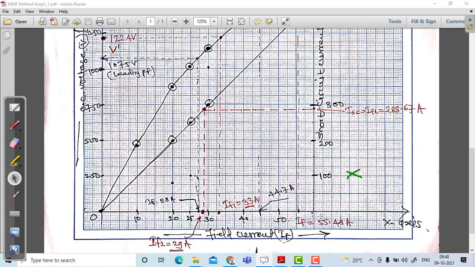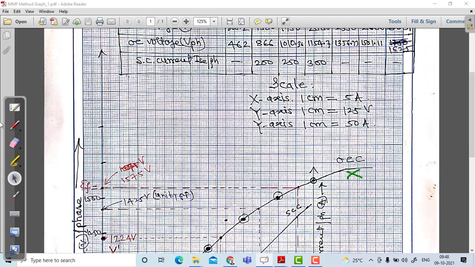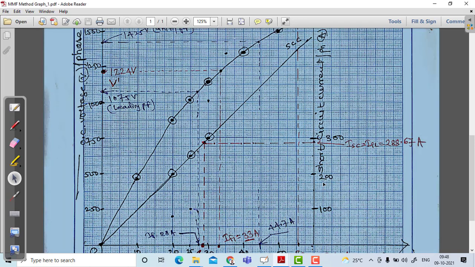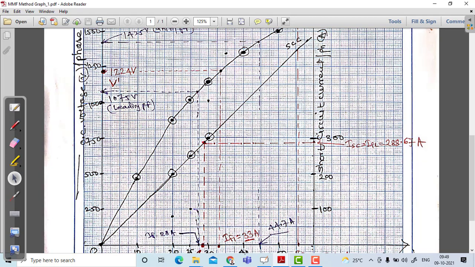Similarly, the y-axis on the right hand side is used for the short circuit test, and the current scale considered is 1 centimeter equal to 50 ampere for the short circuit test. It is also marked after every 2 centimeters. So it is 50, 100, and then 200, 300, etc. Now let us find out.